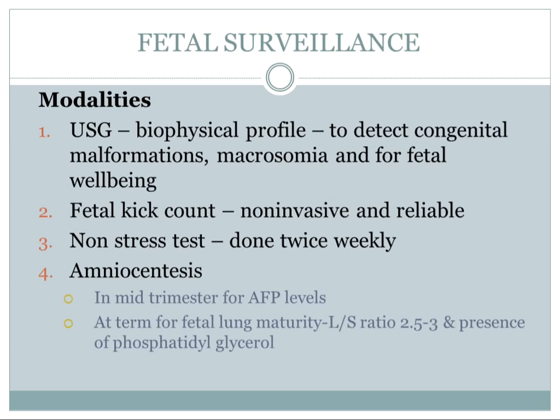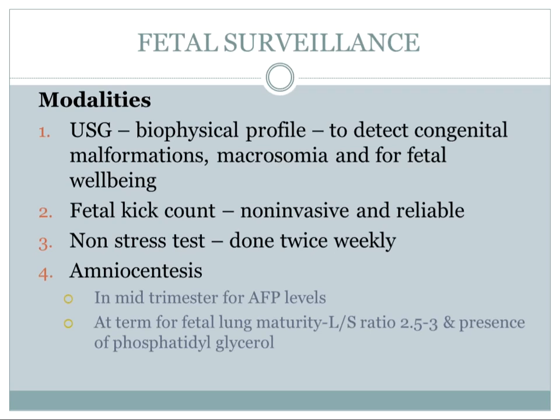And at term, to know about fetal lung maturity, occasionally, as I told you, the surfactant level is less in these babies compared to normal babies. So even at 38 or 39 weeks, the fetal surfactant level may be less. To know about the actual lung maturity, we do an LS ratio, lecithin sphingomyelin ratio, in the amniotic fluid, or look for the presence of phosphatidylglycerol in the amniotic fluid.